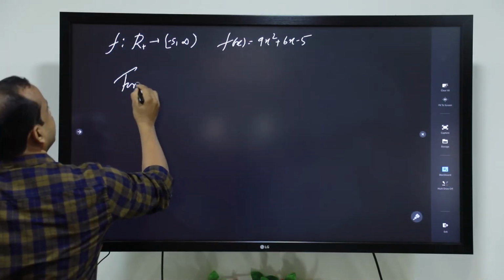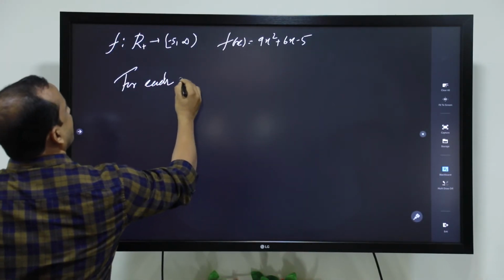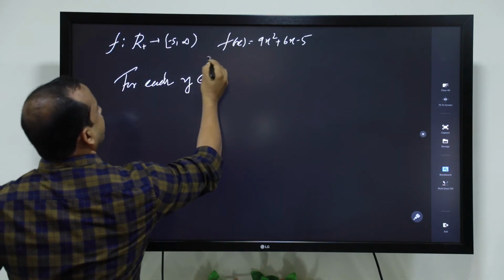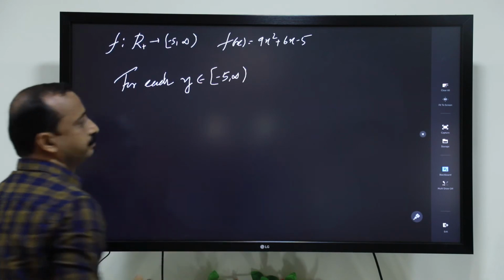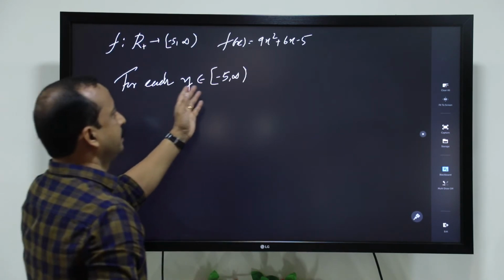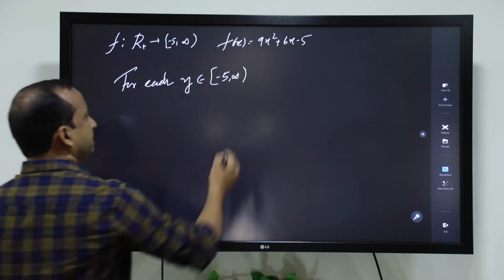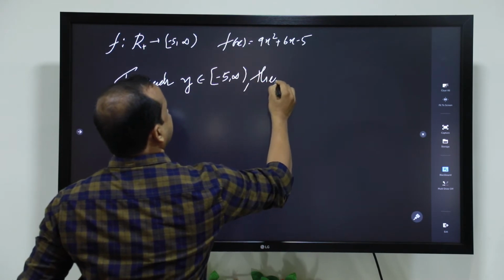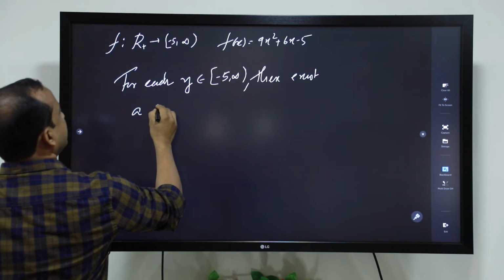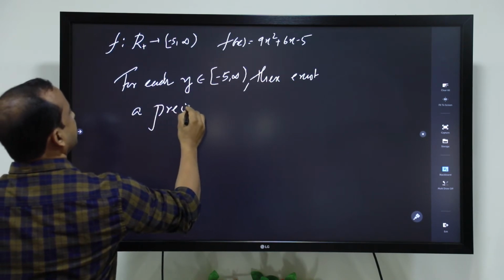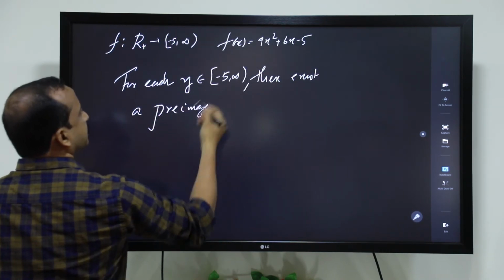Right, for each y element of minus 5 to infinity, there exists a pre-image. Here what is the pre-image?